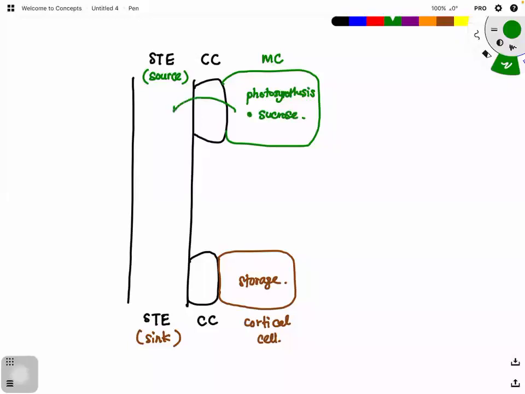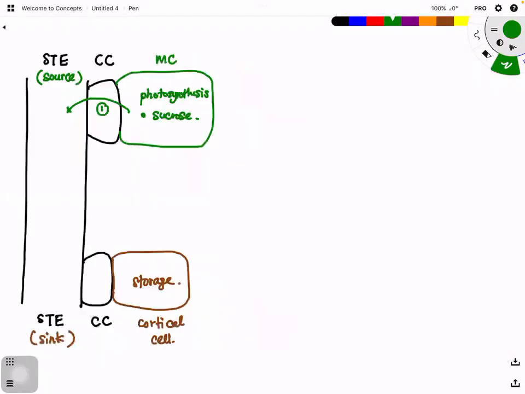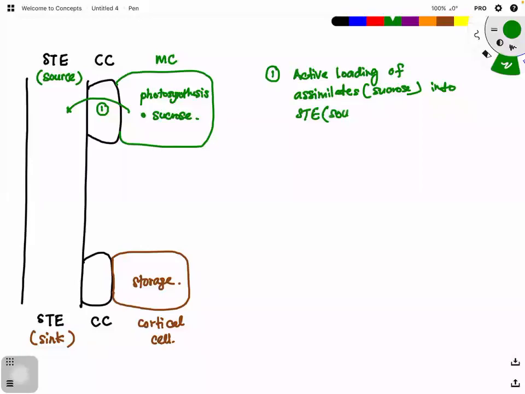So look at the first process. The first process is active loading of assimilate, which is sucrose in our context here, into the sieve tube element near the source.